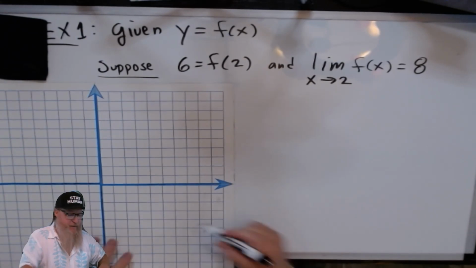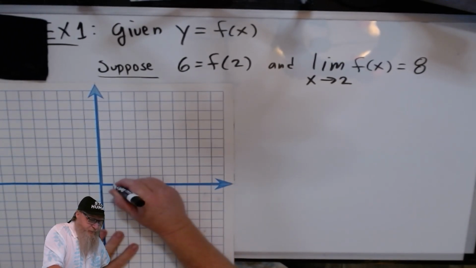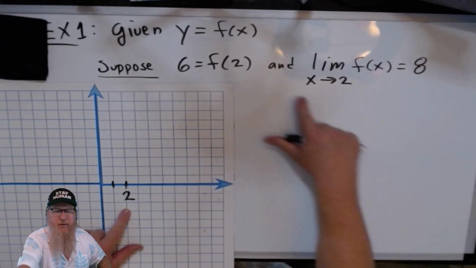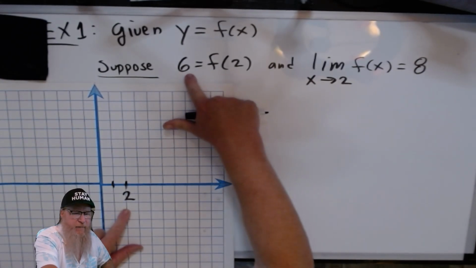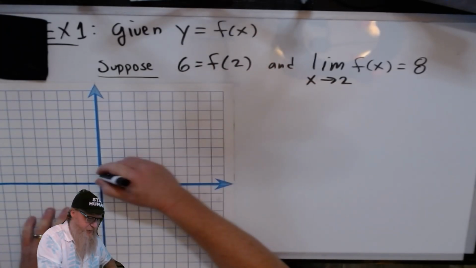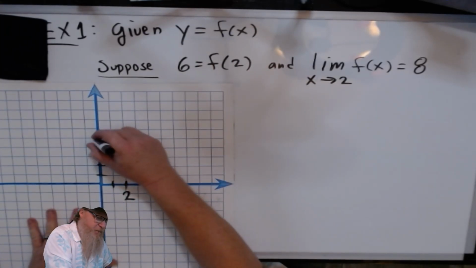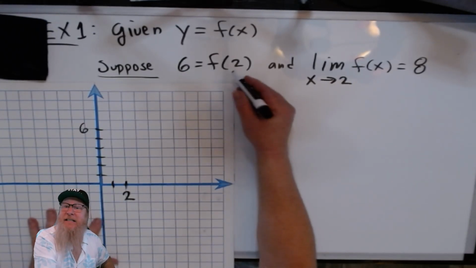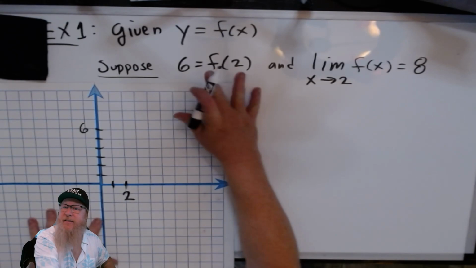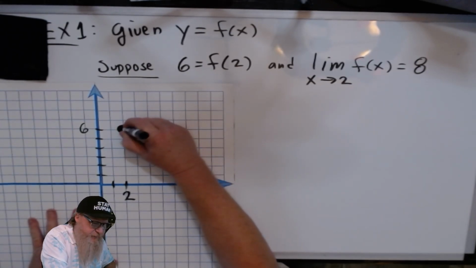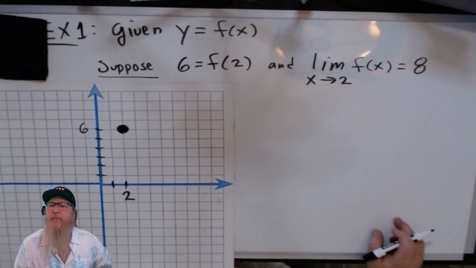We've got x is 2, and y is 6, so 1, 2, 3, 4, 5, 6. This point exists. It's given. It's in the domain, we're assuming. So that is a solid dot.